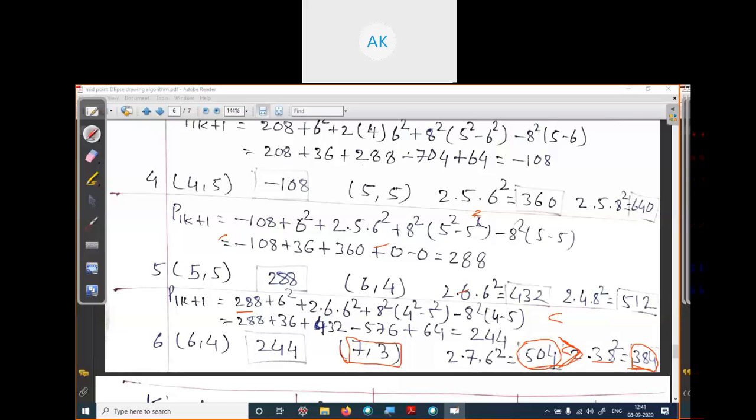This point is the last point in region 1, and it will be the first or initial point in region 2. Again, I'm just repeating, the last point of region 1 will be the first point of region 2. So 7 3 will be our initial point of region 2.